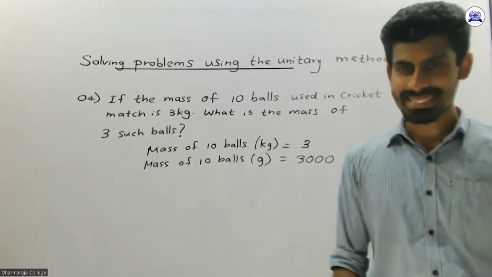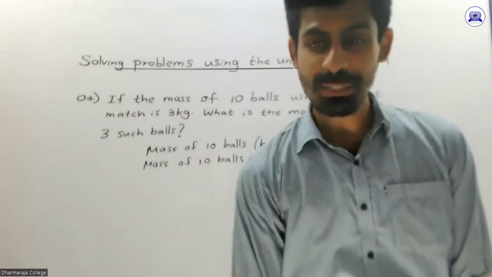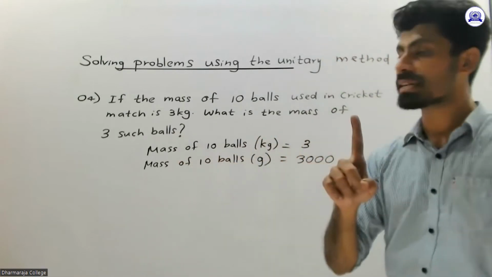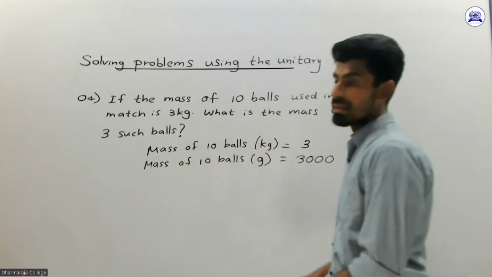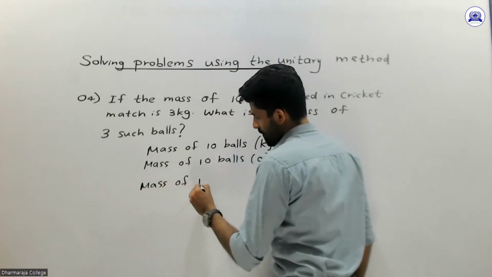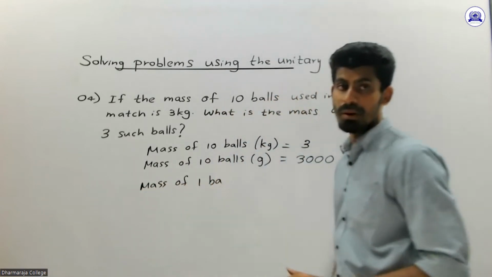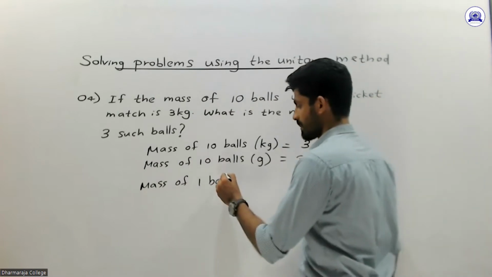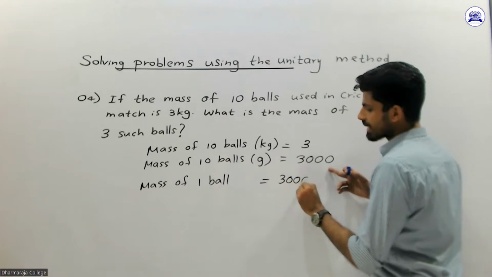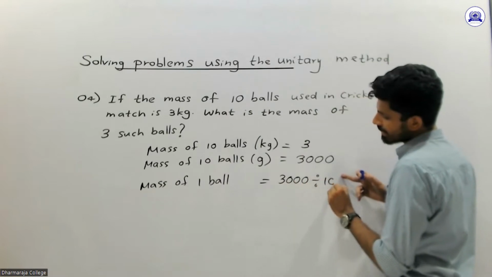That one is very easy, right? So what is the next one, my dear student? We need to find out the mass of 1 ball. Mass of 1 ball equals 3,000 divided by 10.